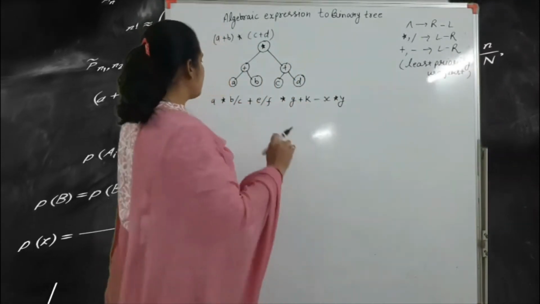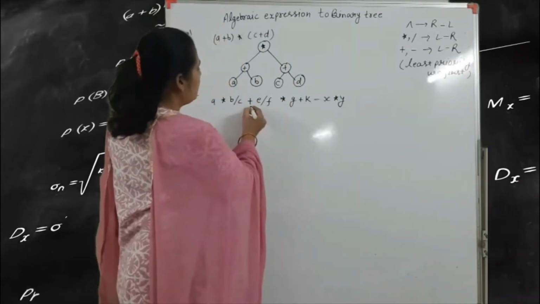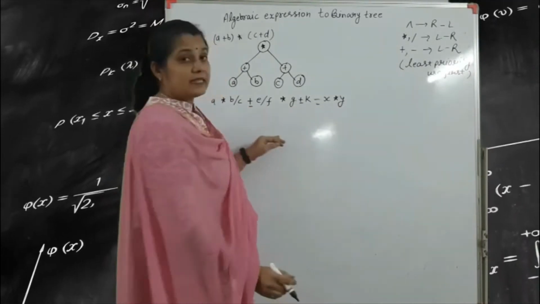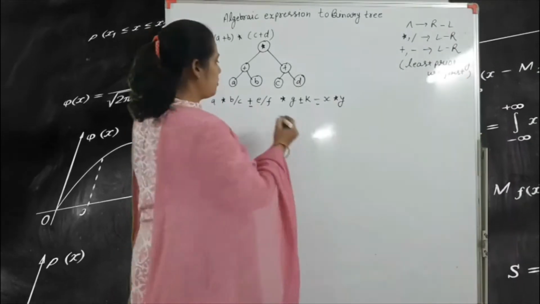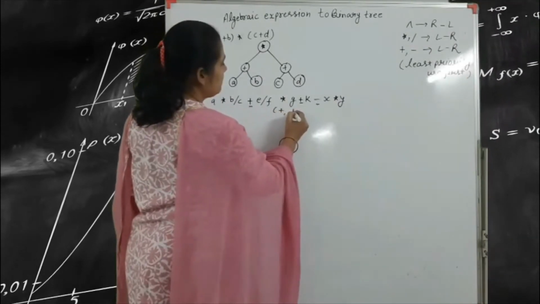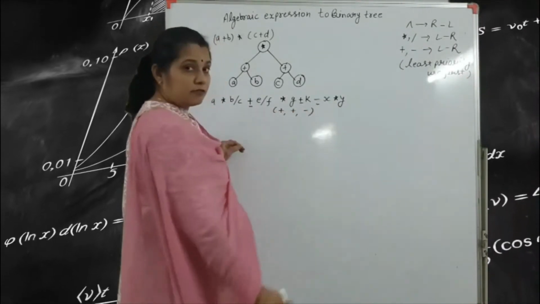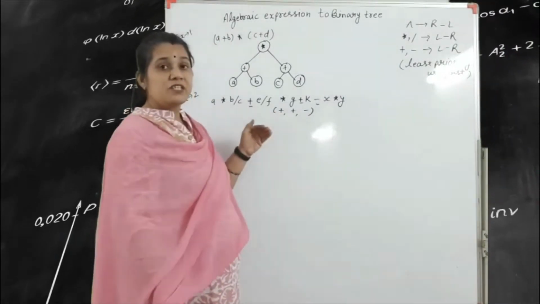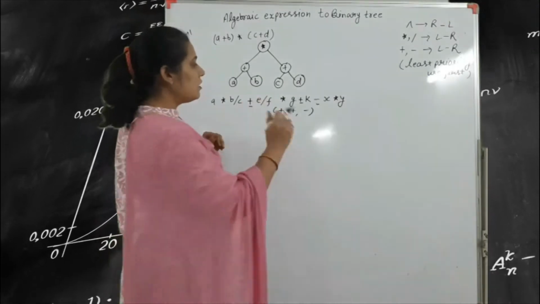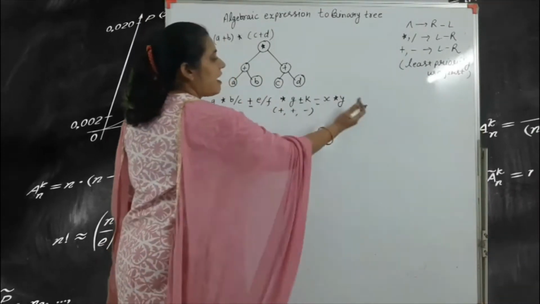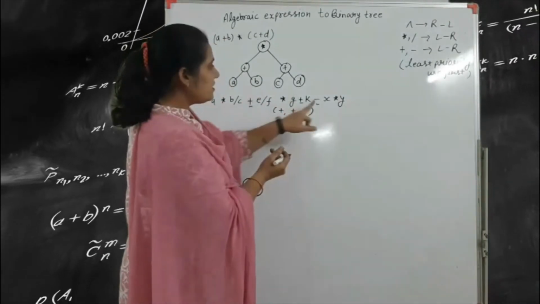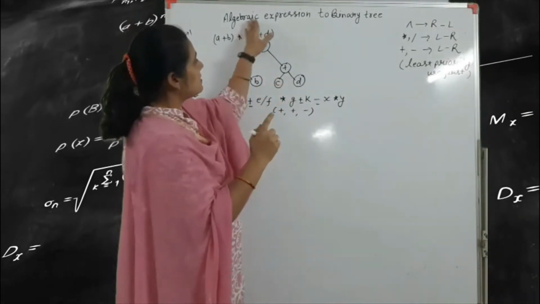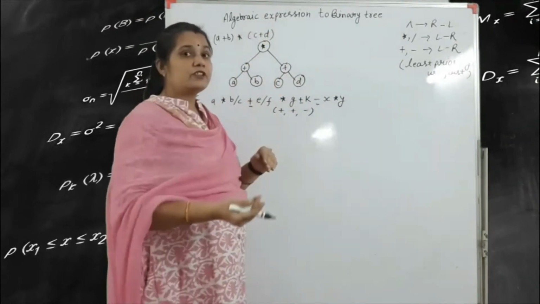Okay. So here in this question we have the 3 points: 1, 2 and 3. These 3 points are least priority points. That means plus, plus and minus. Got it? So among these 3 points, which do we use? So always you use the one on the right hand side. Okay. So the right hand side one is your root node, because we convert the algebraic expression into the binary tree.